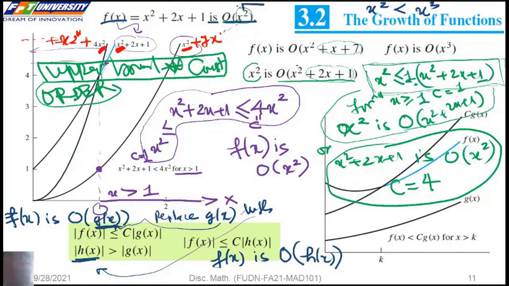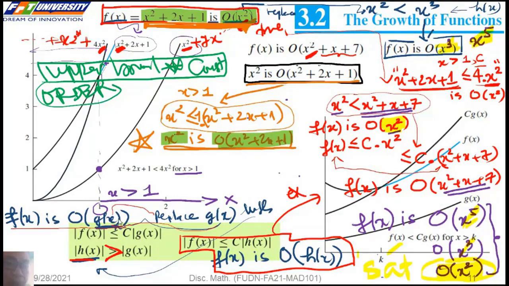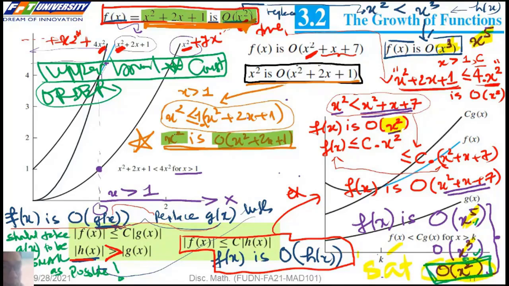However, we should choose the function g to be as small as possible. So here, maybe we should choose n squared.